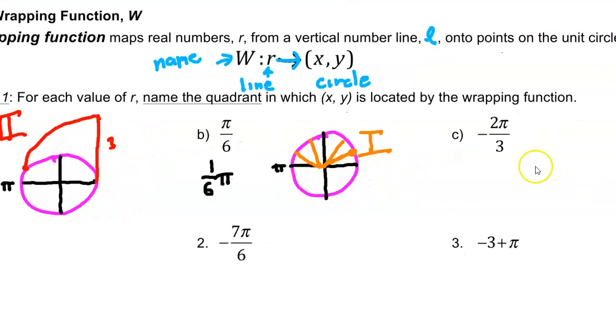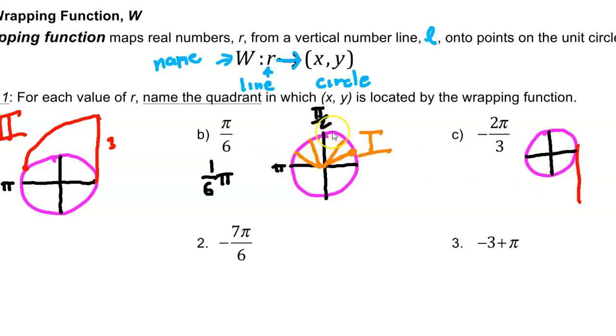And then we have negative. So instead of wrapping above, I'll draw it over here. Instead of wrapping above, this is going to wrap from below, this way. So where does negative 2 over 3 pi land when you wrap it? We know that if this is pi, this would be pi over 2.